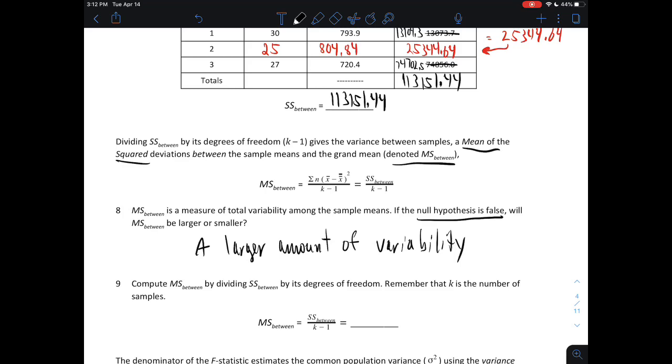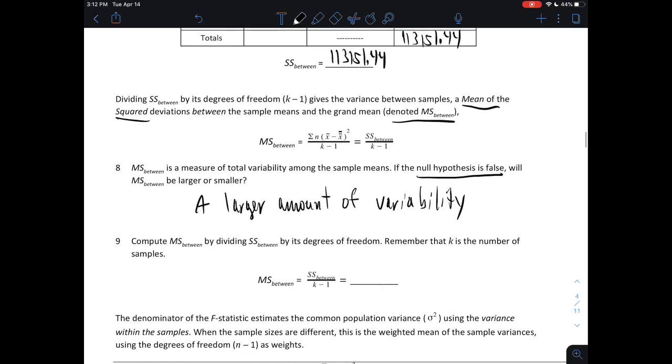So number 9, compute MS between by dividing SS between, the answer we got for number 7, by its degrees of freedom. So I'm going to take 113,151.44, and I have to divide by the degrees of freedom, k minus 1. And they say, remember, k is the number of samples. We have 3 methods, which means we have 3 samples.